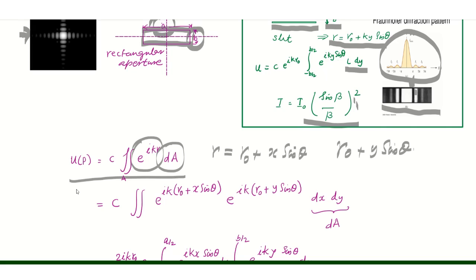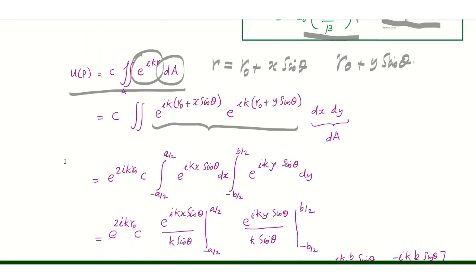And since our aperture is assumed to be uniform, there is no phase mask or anything else. It has a definite shape, and therefore we can use the product of the two contributions to calculate the field distribution in the far field.